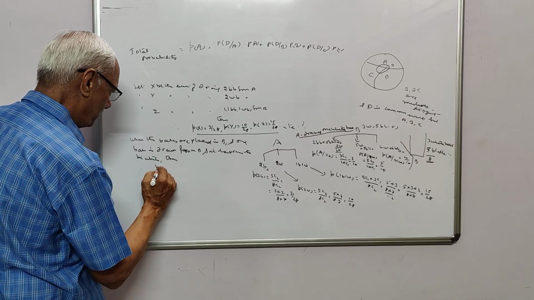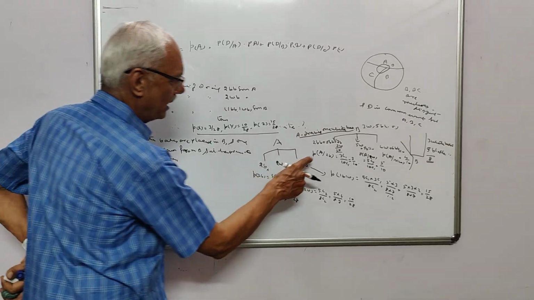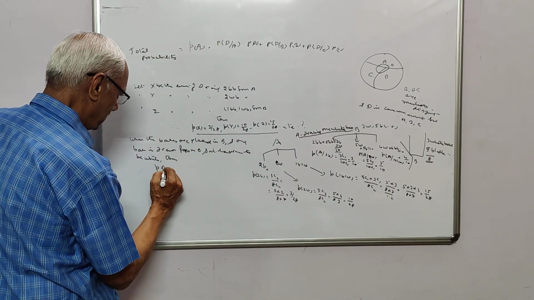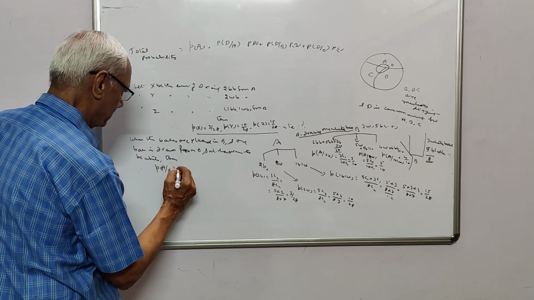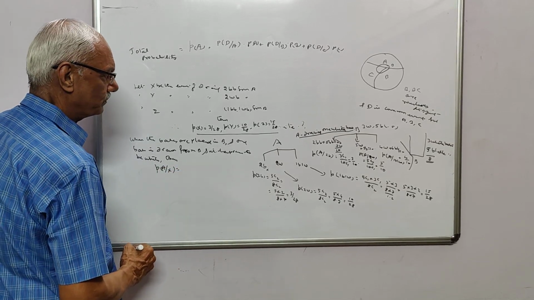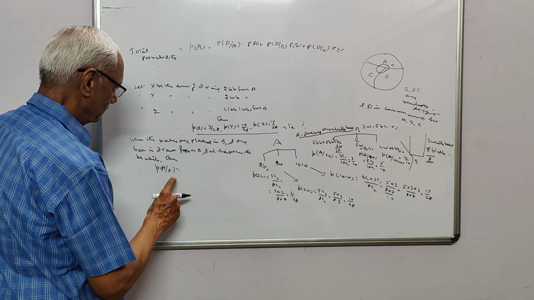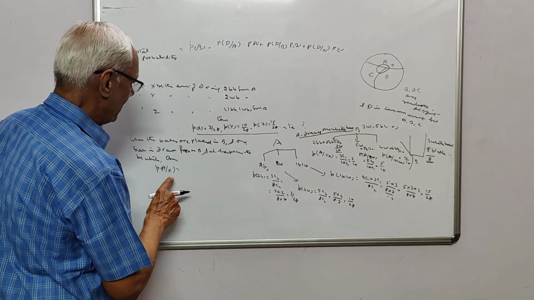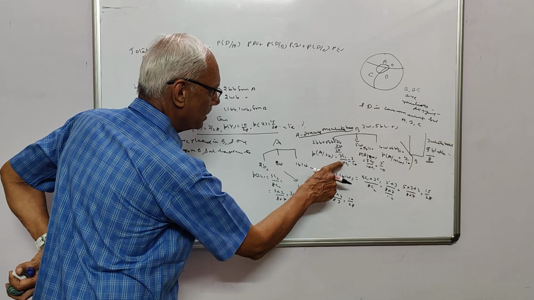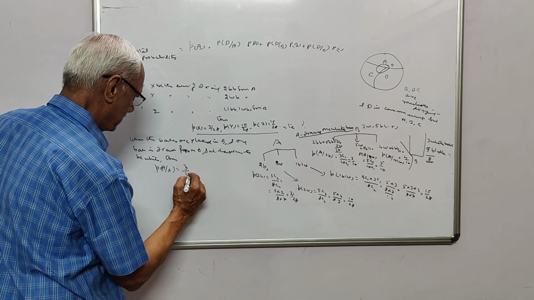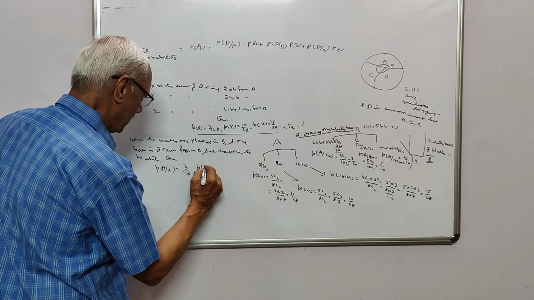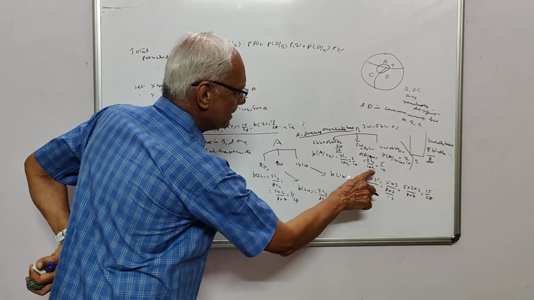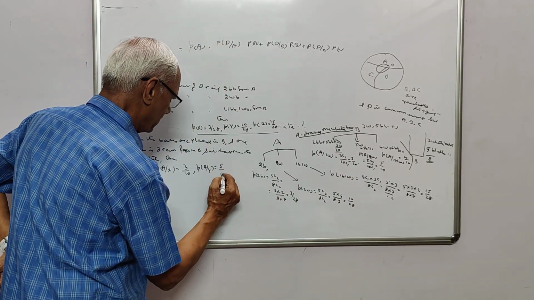P of A given X will be equal to 3 by 10. P of A given Y, the conditional probability, is equal to 5 by 10.